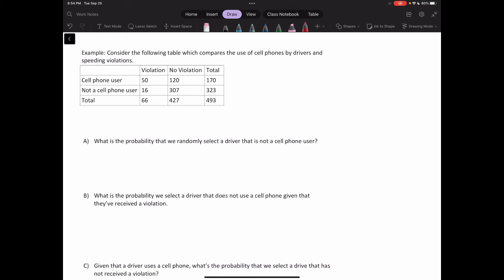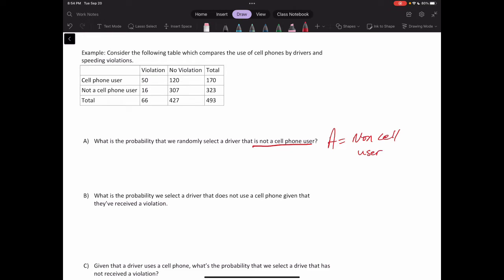All right, what is the probability that we randomly select a driver that is not a cell phone user? When it comes to these probabilities, folks, it's very important: our number one step is to identify our events. You're going to see that's a common theme throughout the next few lectures. We're going to let A represent a non-cell phone user.